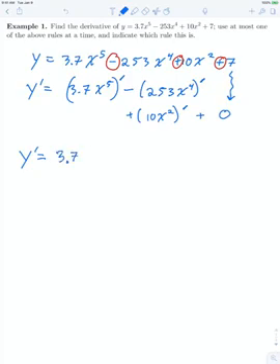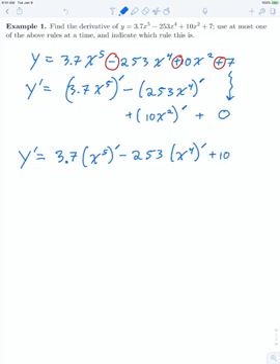So this is 3.7, and then the derivative still, I need to take it, of x to the fifth minus 253, and then I still need to take the derivative of x to the fourth plus 10, and then I still need to take the derivative of x squared. And that is the constant multiple rule.